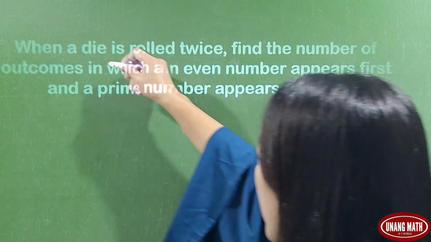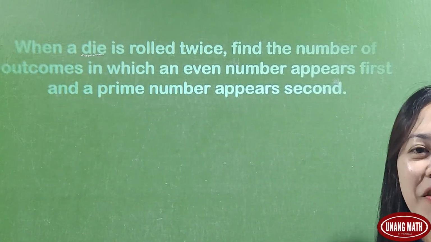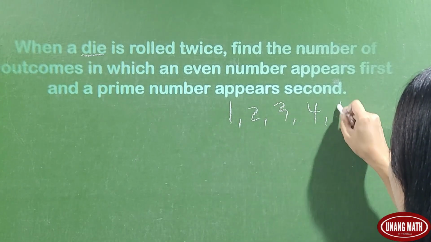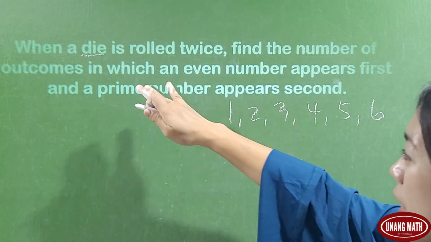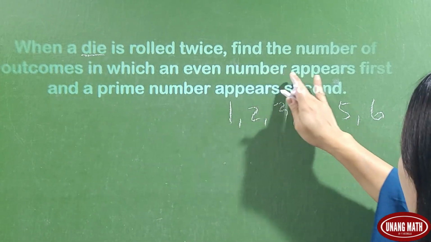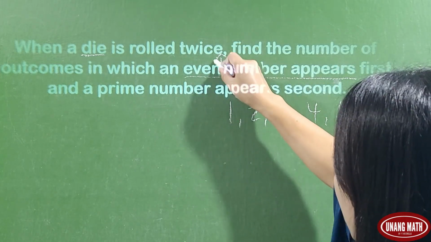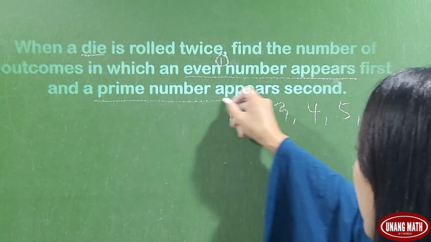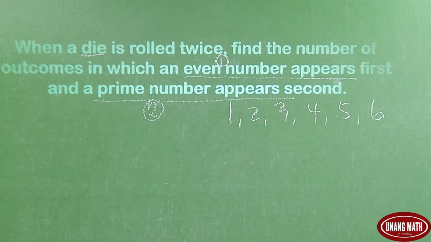We all know that a die has 6 faces: 1, 2, 3, 4, 5, 6. We will find the number of outcomes in which an even number appears first. This is our first event. Prime number appears second. This is our second event.